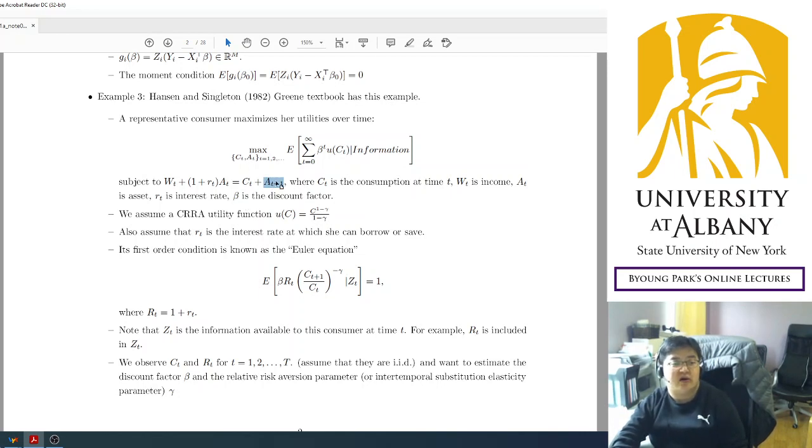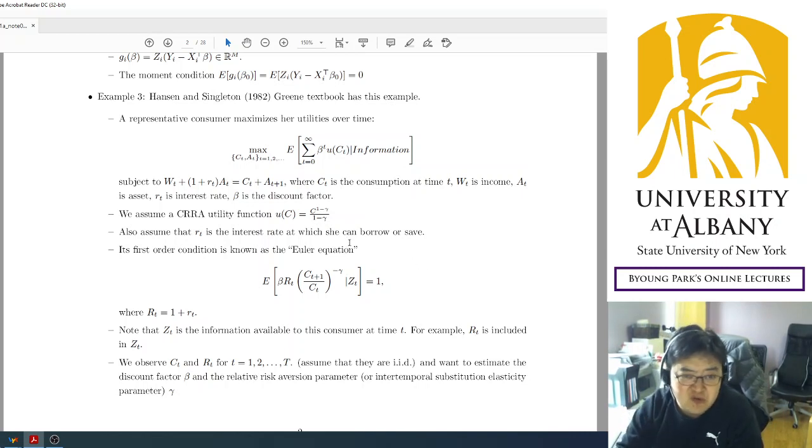And of course beta is the discount factor, and we assume that the utility function is a CRRA, constant relative risk aversion parameter utility function, which takes this form. And here the Euler equation. I believe you have learned it somewhere, maybe in macroeconomics.